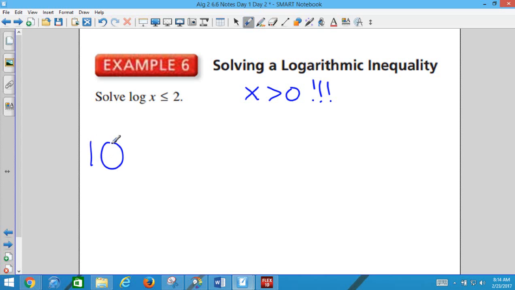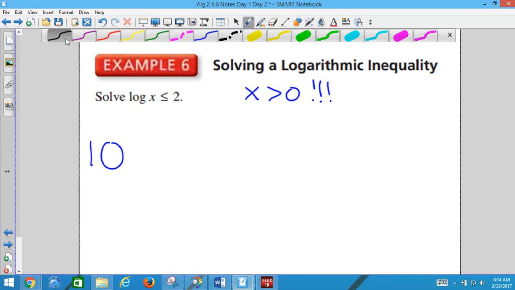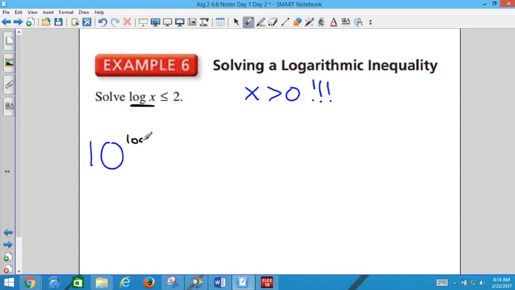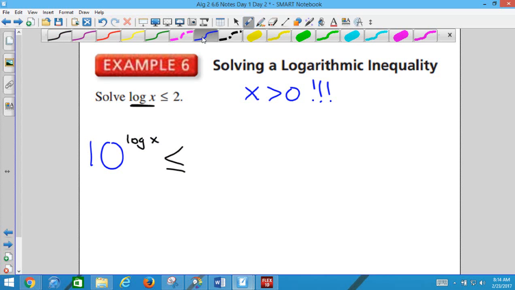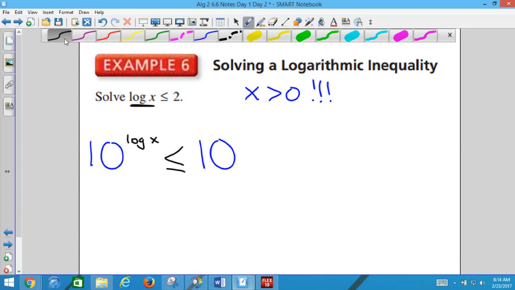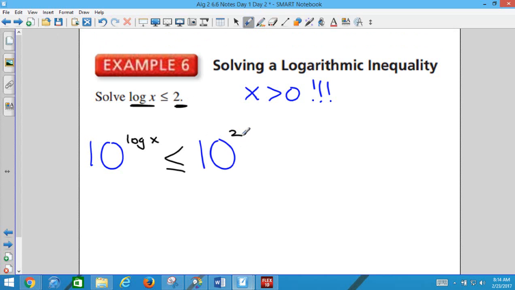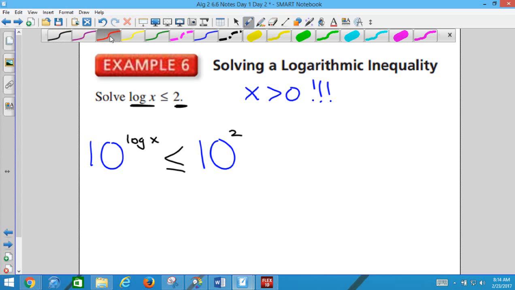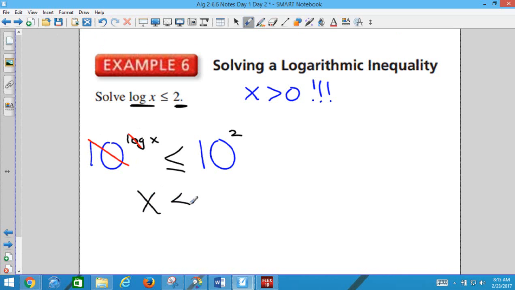So you take 10, and the entire side goes to the exponent, and you do the exact same thing on both sides of the equation. That will cancel out. 10 and log base 10 will cancel. And we will have x less than or equal to 100.